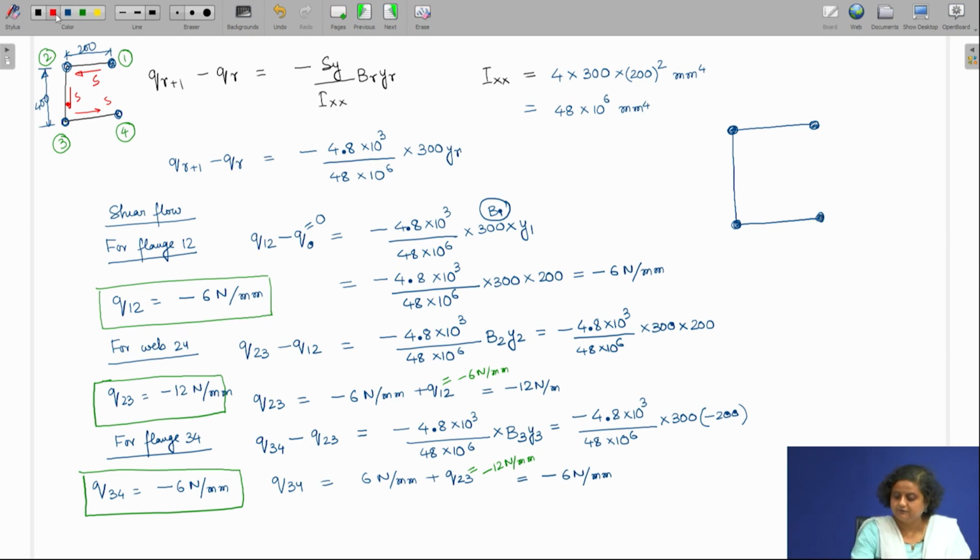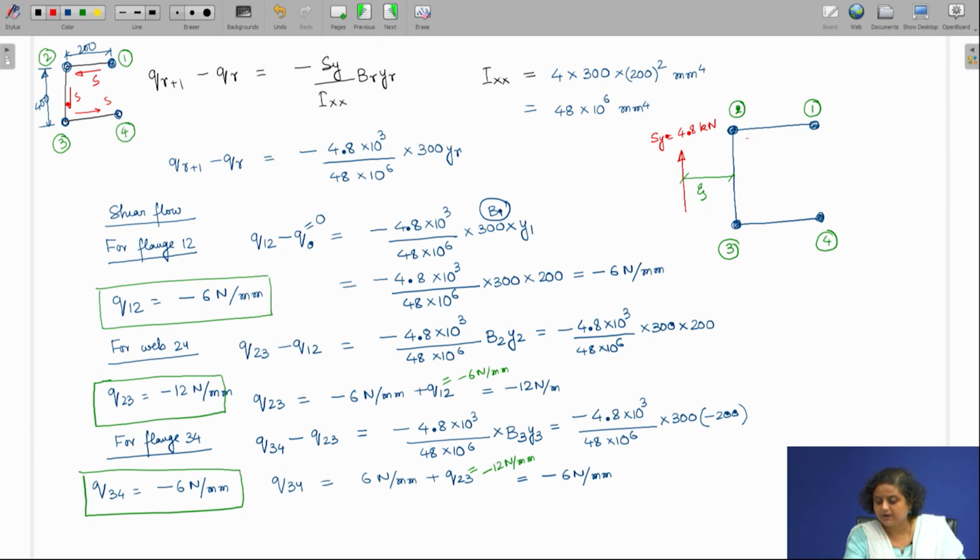I have a shear force, let me name them as 1. Now the shear flow that we have calculated is minus S, from right to left was considered to be positive.